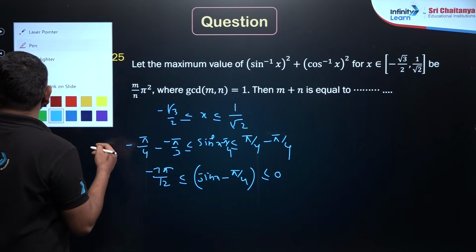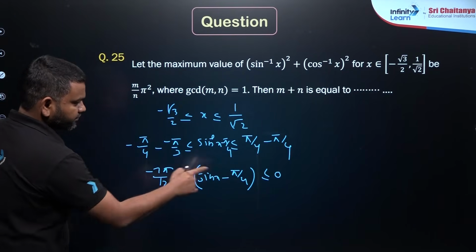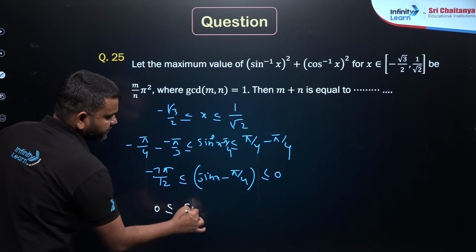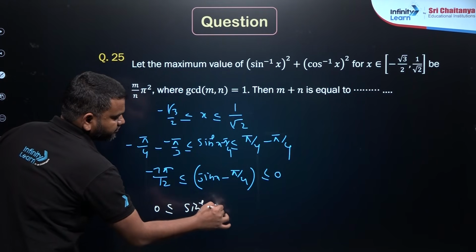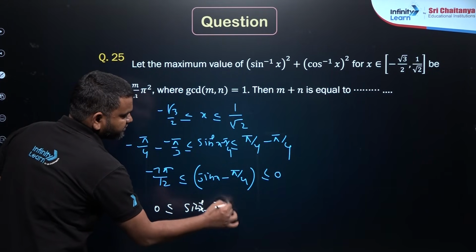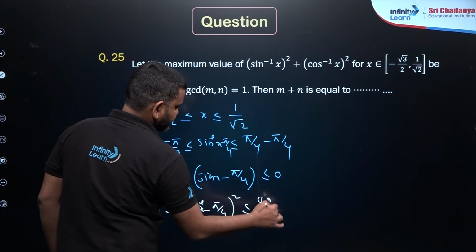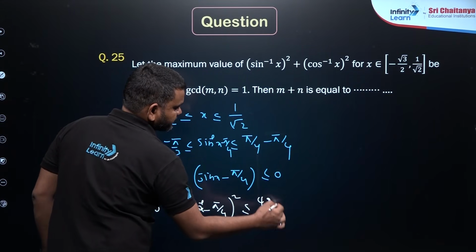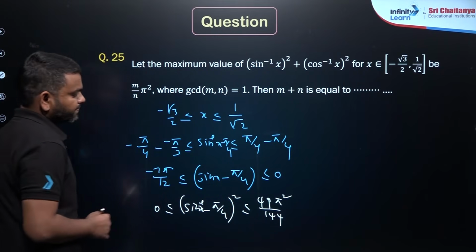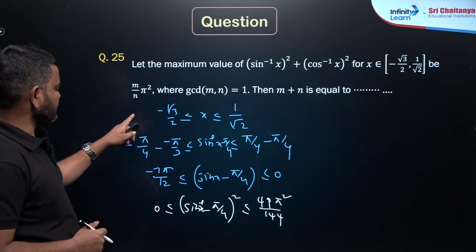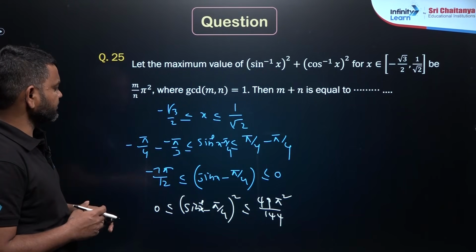Now squaring on both sides, that will give you 0 is least, and here I am getting sine inverse x minus pi by 4 whole square is less than or equal to, this is going to be 49 by 144. Here pi square is there. Now then minimum value and maximum value of this one.